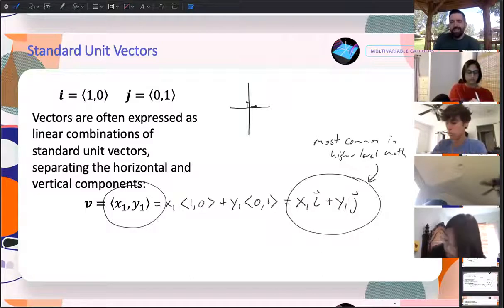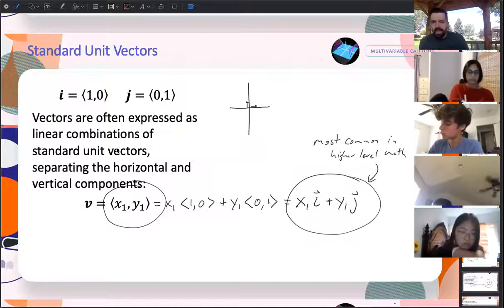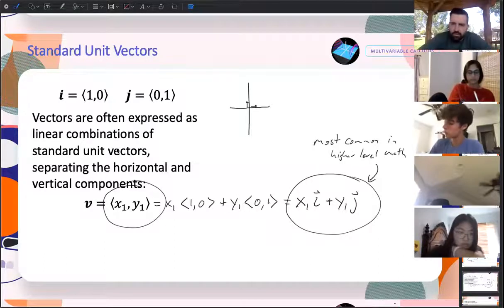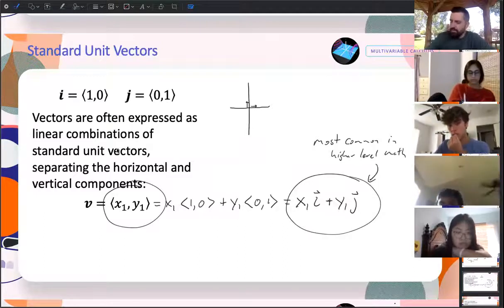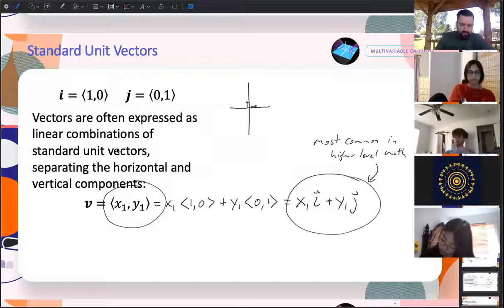So like, if you look in the textbook, they'll start using that more frequently. Physics will tend to use that. Other math will tend to use that. I'm fine if you want to use component form, but you need to understand both. So if you see one, you should be able to understand it, even if it's not the one you prefer to use. It's super, super easy.